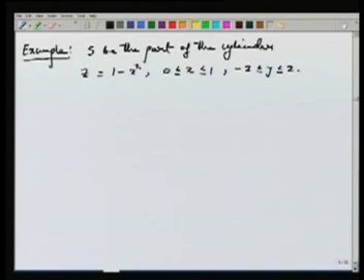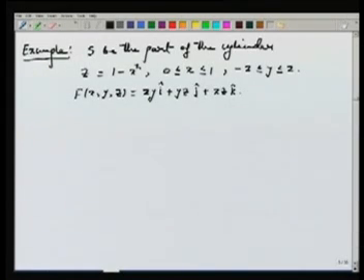So this is the surface which is given to us, and the vector field, let us say, is given by a very symmetric kind: F = xy i + yz j + xz k.